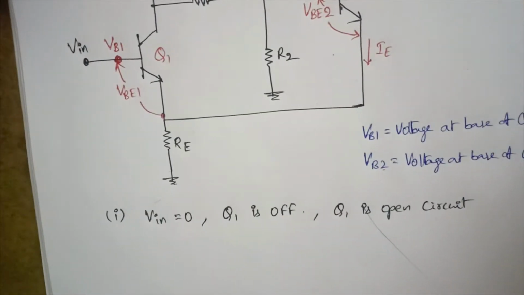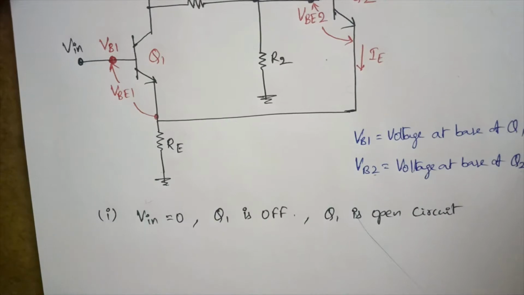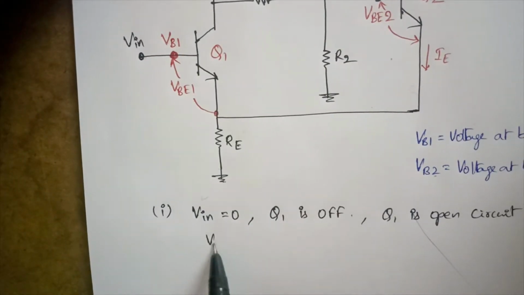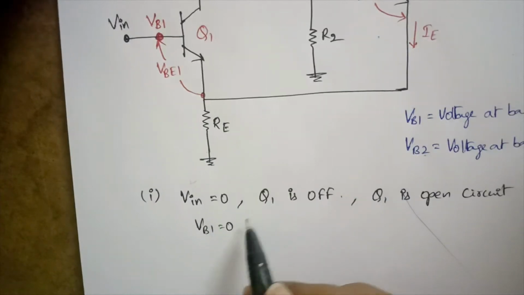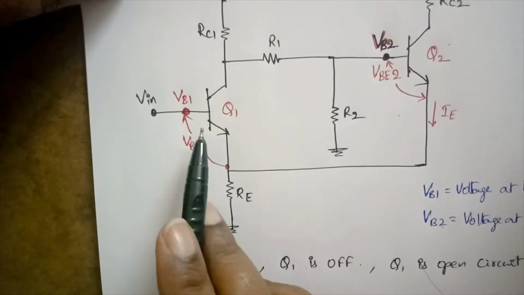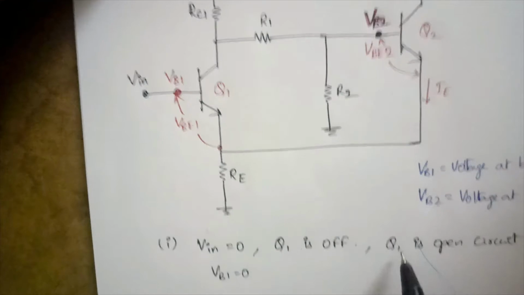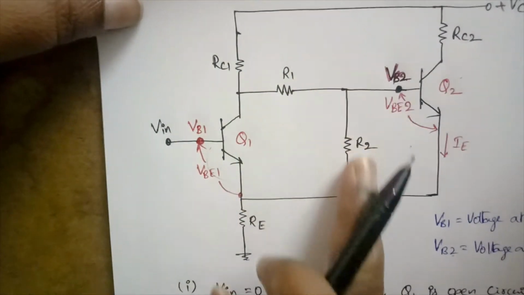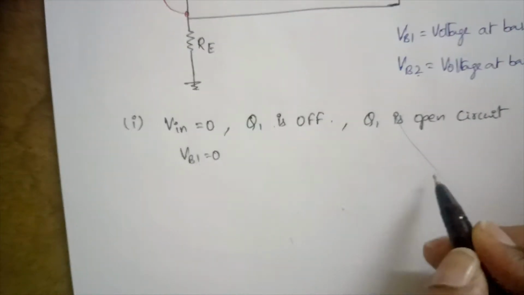Here VB1 is 0 when the input voltage is 0, therefore Q1 is off, so it acts as an open circuit. Then VCC is connected here, so I redraw this circuit like this.